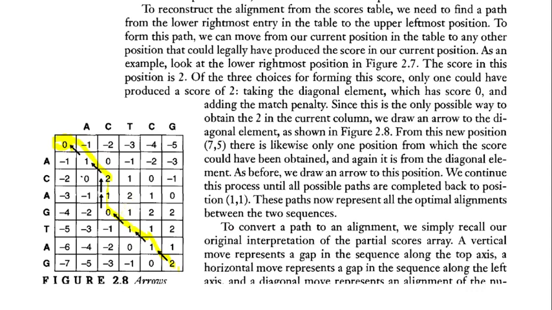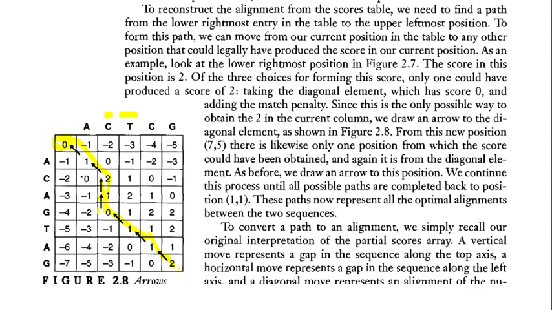Here if it is a very similar sequence, we should get a proper diagonal. But here we got 2 vertical movements. If 2 vertical movements are there, we can say there will be 2 gaps in the upper sequence.